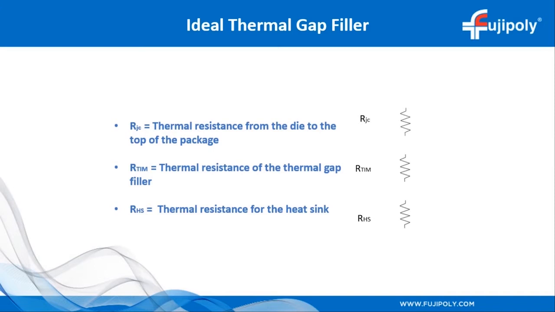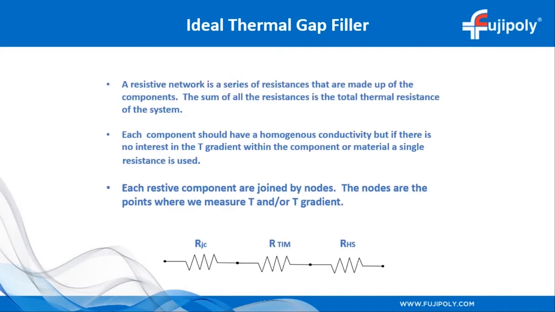Shown on the screen are the three basic components for thermal resistance in a simple system which consists of component, TIM, and heatsink. I mentioned earlier that the thermal resistance of the gap filler has three components. The other parts of the system also have their own components such as heatsink, contact resistance, mass, and surface area. Whether there's any convection, etc.